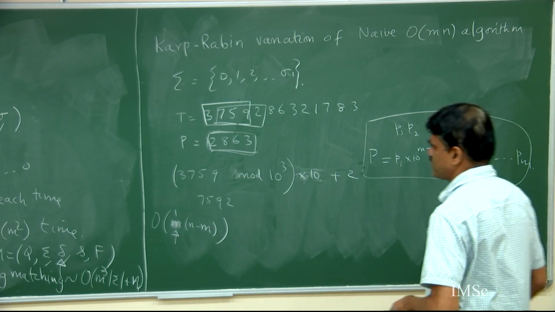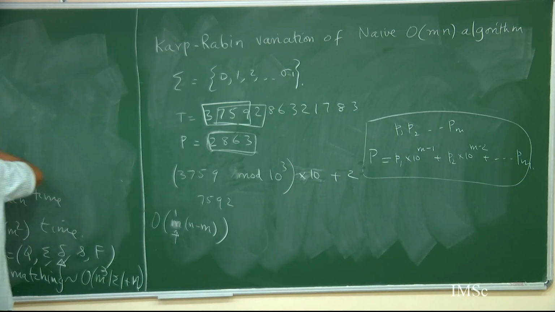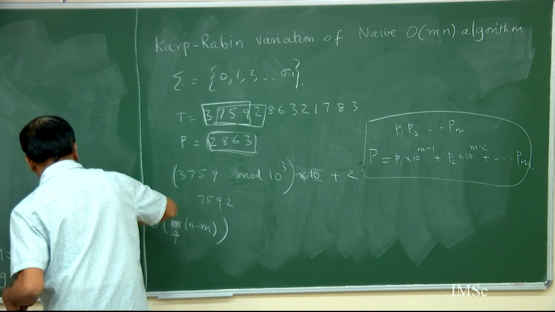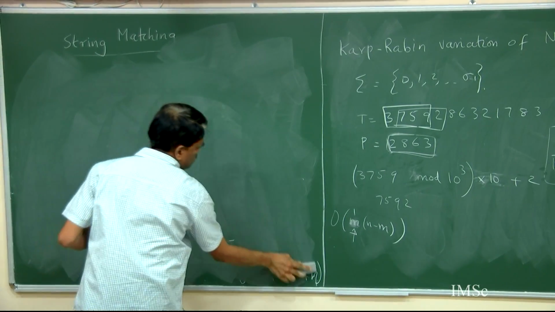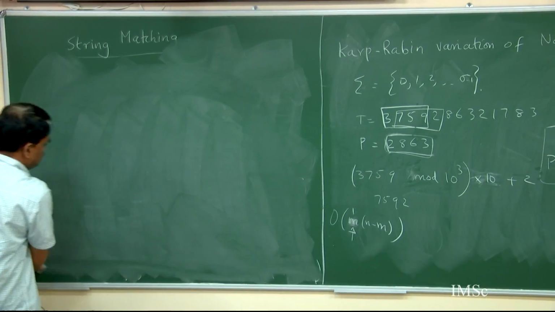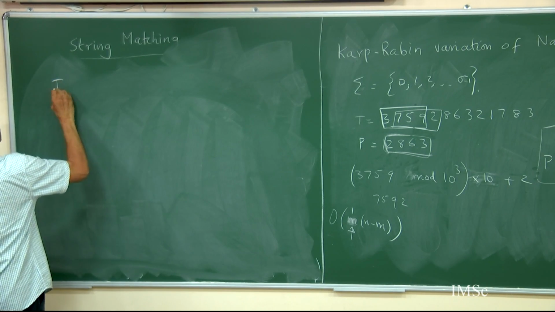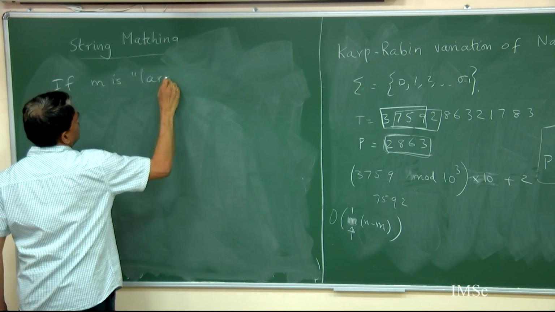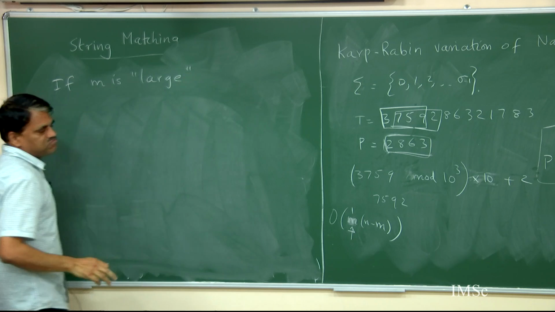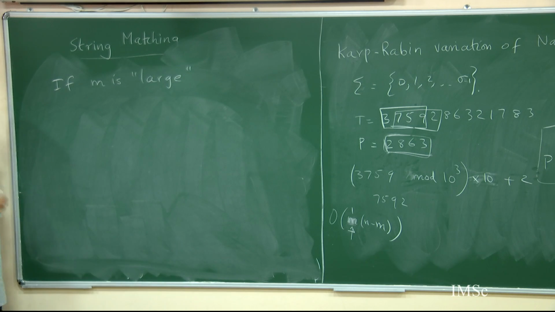What would be a problem with that? So, if m is large, what does large mean? It depends on your machine architecture size or whatever.